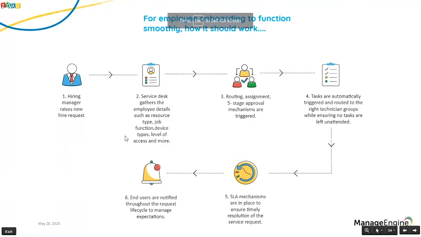As a hiring manager would raise a new request, with ServiceDesk Plus, with the service catalog feature, you would be able to record all the information such as your employee details through fields. And if you want to track a few other questions or other information, you could make use of the resource information sections, and you could play with form rules to build a dynamic form as well, right?